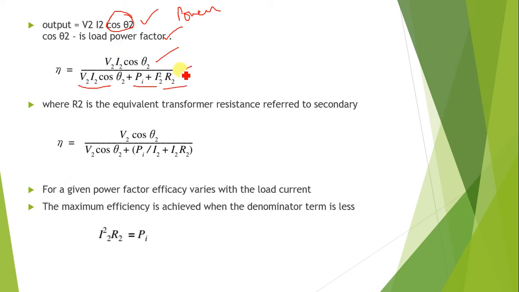This is your final efficiency equation: V2 I2 cos phi 2 divided by V2 I2 cos phi 2 plus Pi plus I2 square R2, where Pi is the iron loss and I2 square R2 is the copper loss.